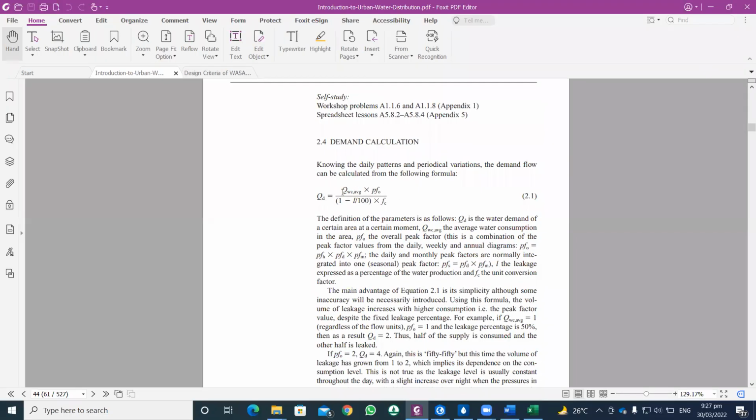I explained these parameters in yesterday's class, so you can watch that class to understand it. I have also multiplied the average factor with the peak factor and the average demand. L is the leakage, so in order to include the leakage, you have to subtract it from one.